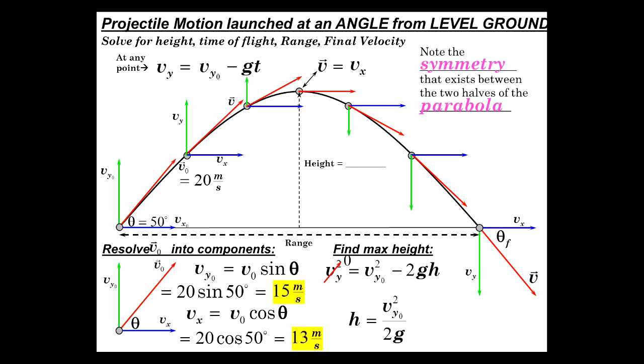So that will give us the right answer. And h is equal to Vy0 squared over 2g. Plug in the numbers, and out pops the correct height, 11 meters. And now let's continue on to figure out the other quantities we want.